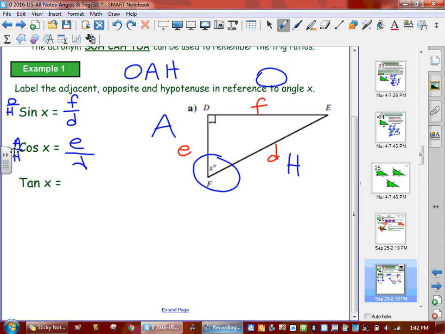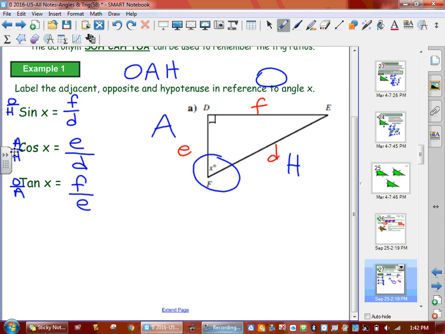So tan is also known as O over A. Opposite over adjacent. So who is our O leg in red? f. And who's our A leg in red? e. Good. So it'd be f over e. So that's the basics to labeling and to stating our equations.